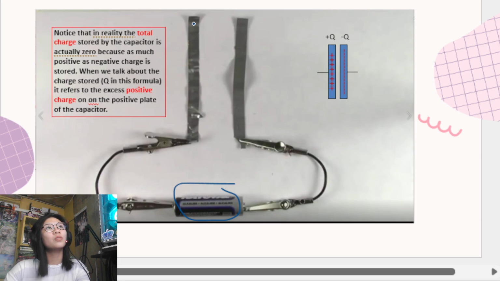If this has positives and negatives on it, this battery or this source sucks out, or asa man ang positive. So this battery has negative charges.